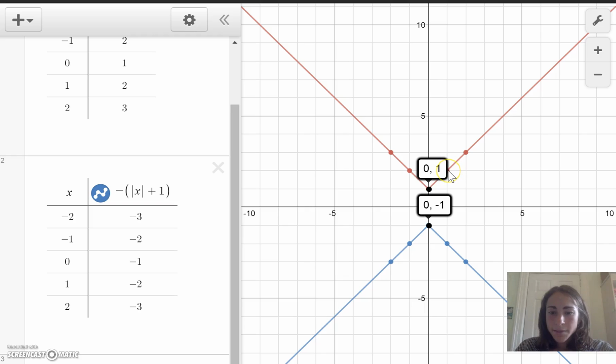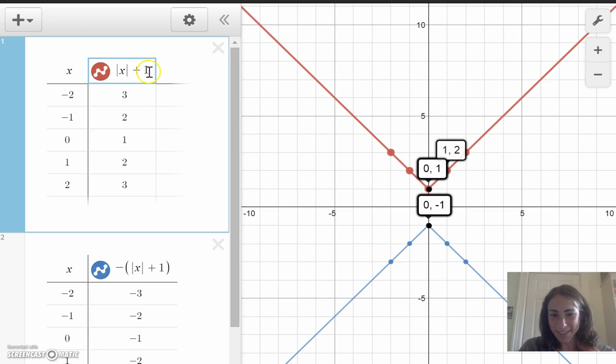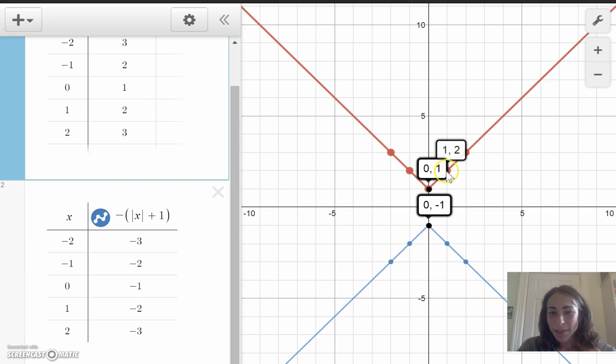When we look at the value when x equals 1, we have 1, 2. When we plug in 1 to the absolute value function plus 1, we get 1 plus 1, which is 2. Now if we plug in 1 into the blue function, we get -2.